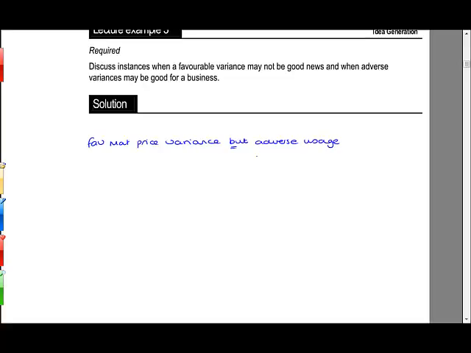It could also result then in adverse labour efficiency, so labour perhaps having to use more of these cheaper materials but also having to redo things because the materials they are using are substandard.